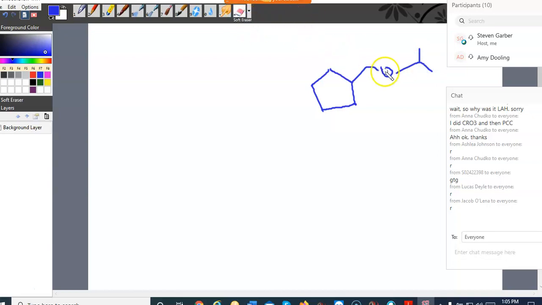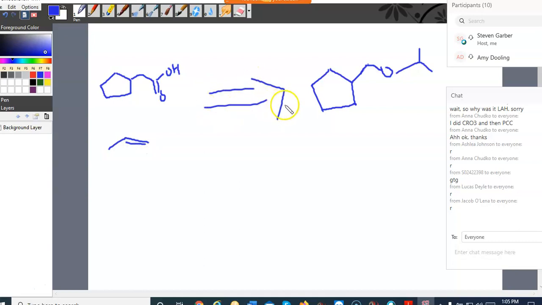Let me make this look a little bit better. Here's your product. You have two different reagents that you have to use in your synthesis. One is this carboxylic acid, and the other one is this diene. You're going to show me how to use those in the synthesis of this compound.